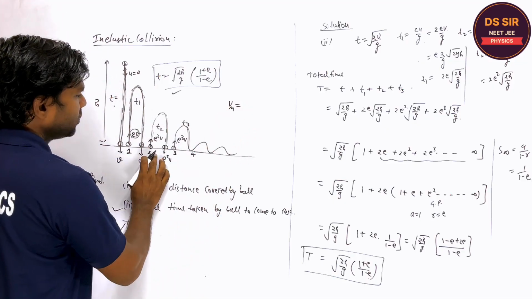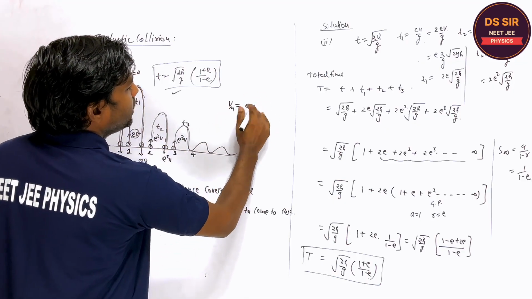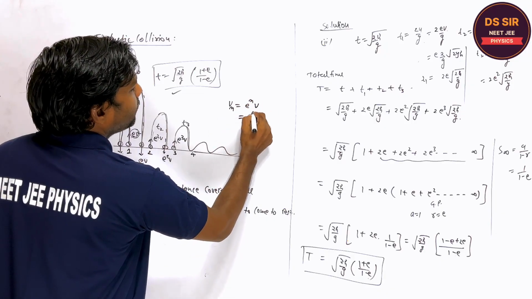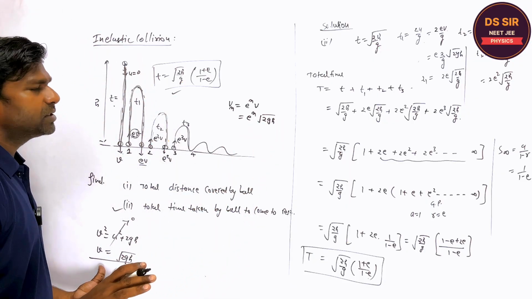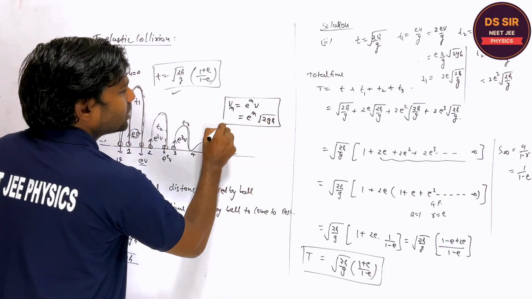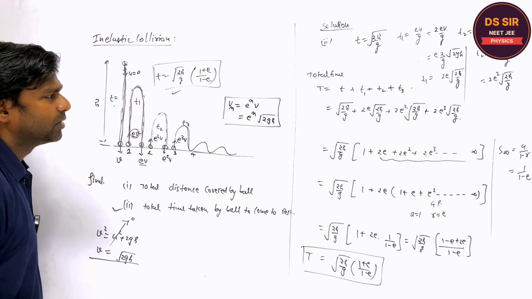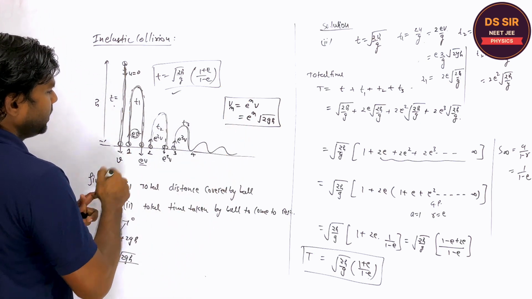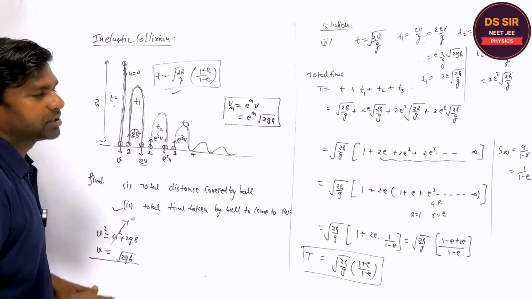So after the nth rebound, what will be the velocity? It is e to the power n into v, and e to the power n root 2gh is the speed. Do you understand this thing? After the nth rebound, the speed of the ball is that. Is it clear or not? Here e raised to the power n will come, because this is the first, e raised to the power 1. It is the second rebound, e square. This is e cube, like this, right?